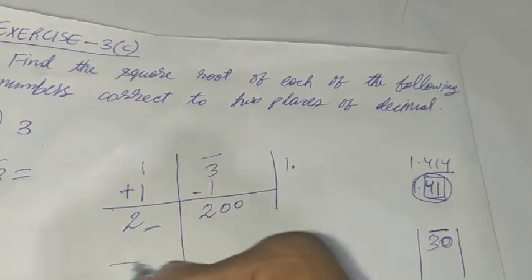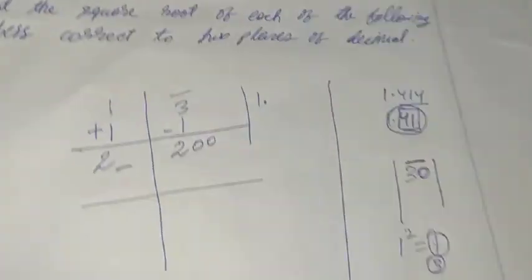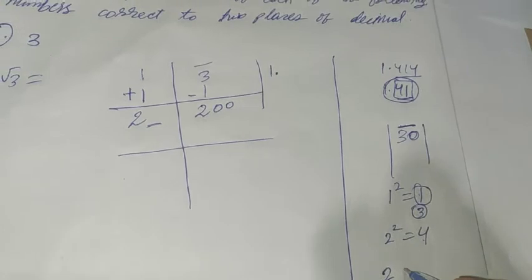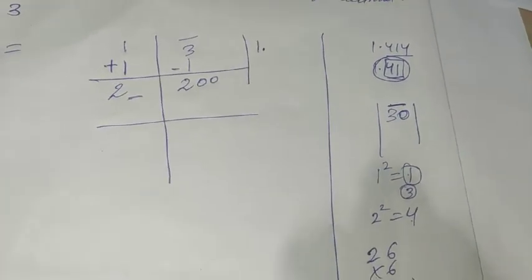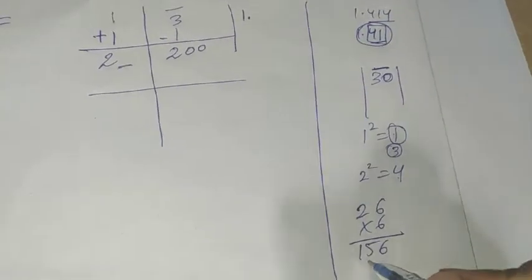Now find the number which is less than 200. Let us take 26 into 6. 26 into 6 is how much? 6 times 6 is 36, 6 twos are 12 plus 3 is 15, so 156.